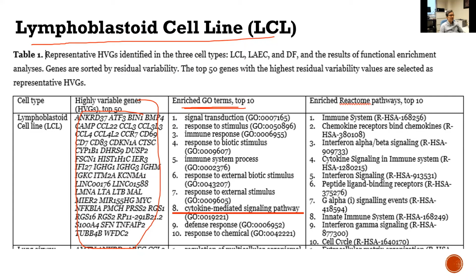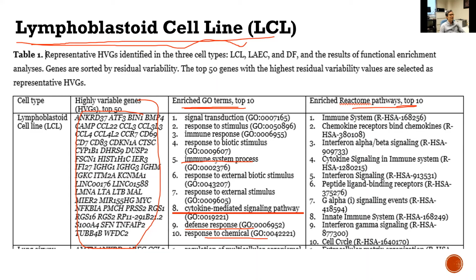Clearly, the immune system related gene sets, including cytokine-mediated signaling pathway, defense response, responses to chemicals, and the enriched pathway tell you the same thing. And we know lymphoblastoid cell lines are derived from the B cell, so it makes sense those functions are associated and consistent with where the cell lines are derived.